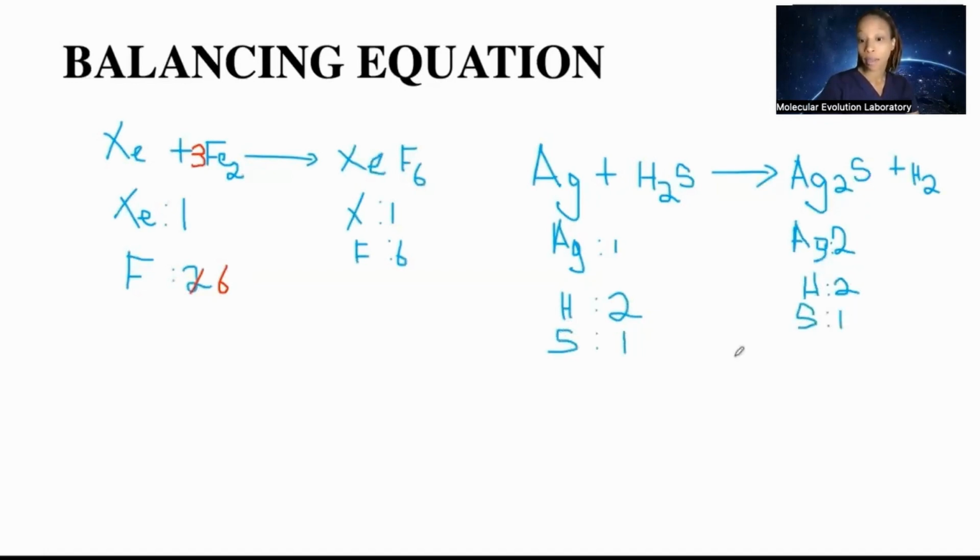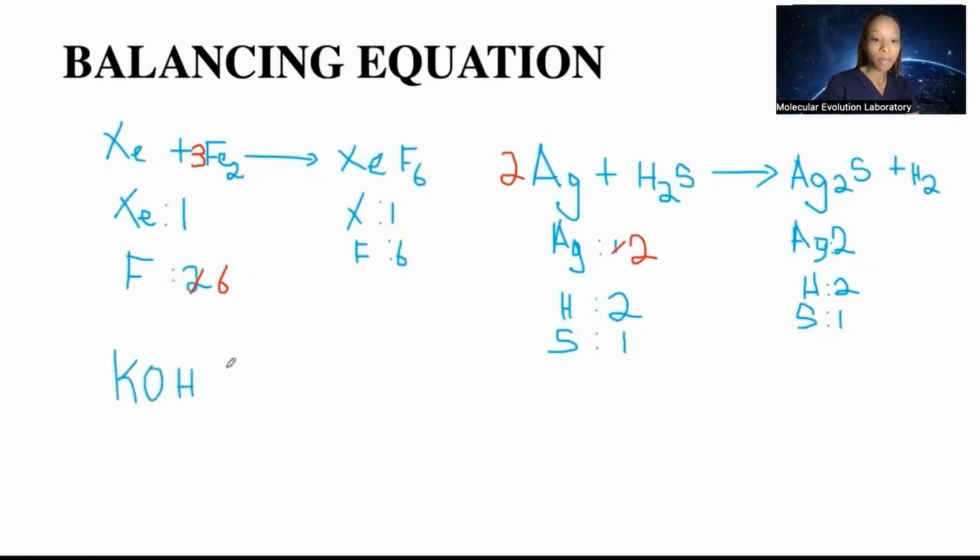So here we have an equation that's not balanced. We have 1 silver on the left side and 2 on the right side. So how do we balance this equation? We insert 2, and we end up with a balanced equation.